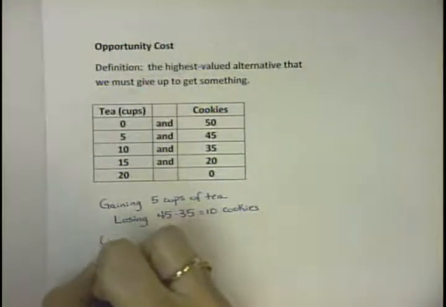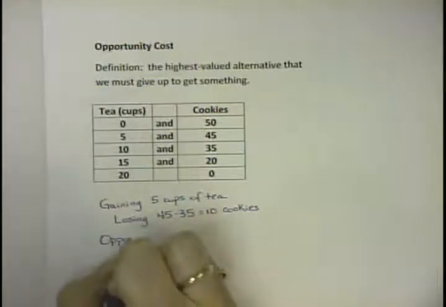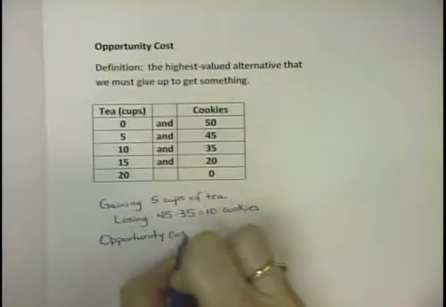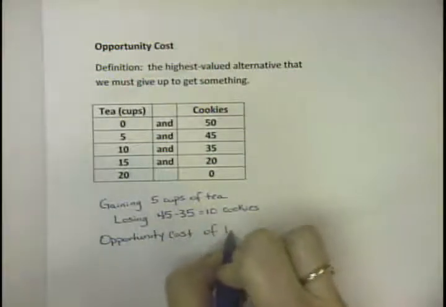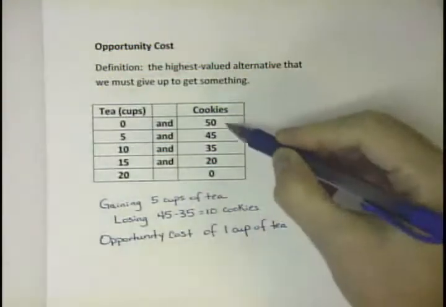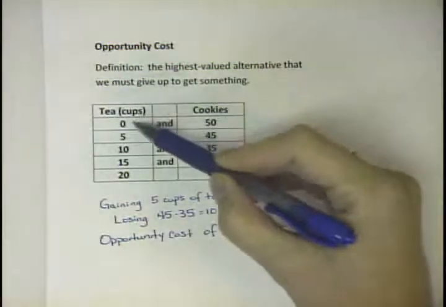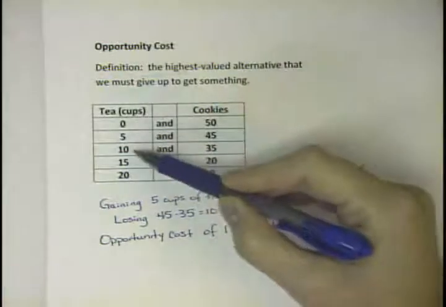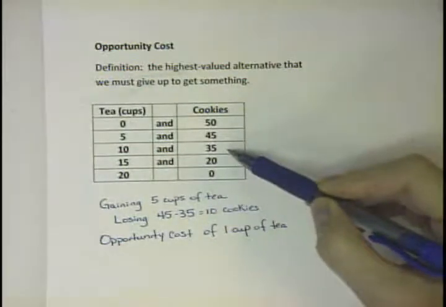Sometimes we want to know what is the opportunity cost of just 1 cup of tea. So the opportunity cost of 1 cup of tea is going to be different on different levels of tea. So if we go from 0 to 5, we're losing 5 cookies. But if we go from 5 to 10 cups of tea, we're losing 10 cookies.